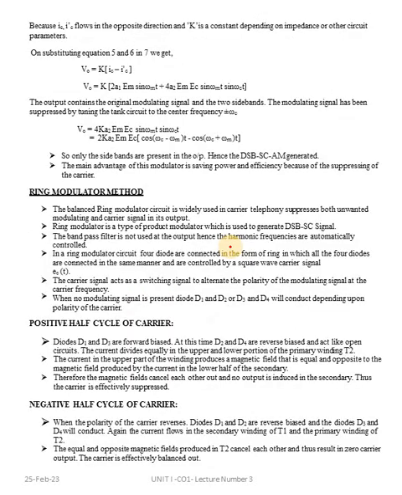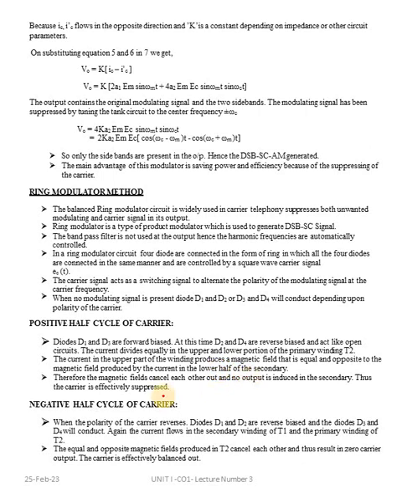Then we come to the operation again. Diodes D1 and D3 are forward biased. At this time D2 and D4 are reverse biased and act like an open circuit. The current divides equally in the upper and lower portions of the primary winding of T2. The current in the upper part of the winding produces a magnetic field that is equal and opposite to the magnetic field produced by the current in the lower half.